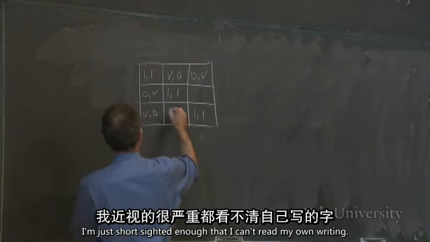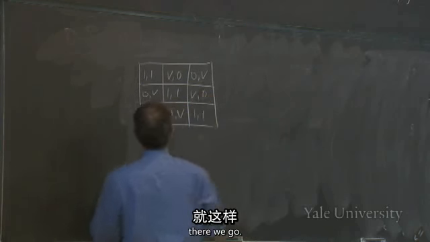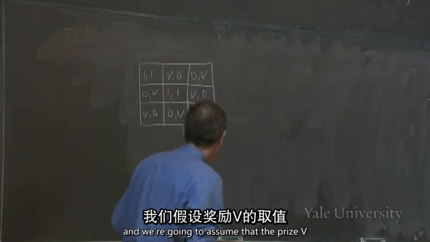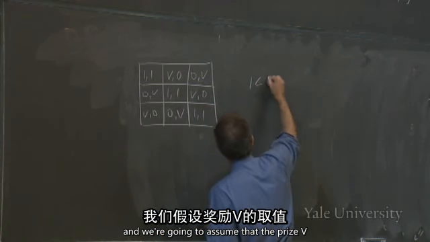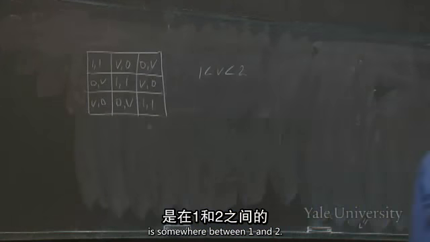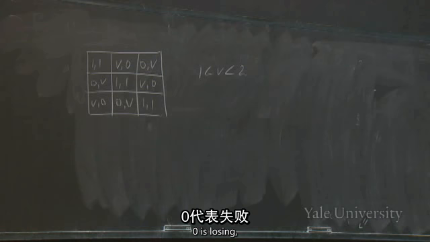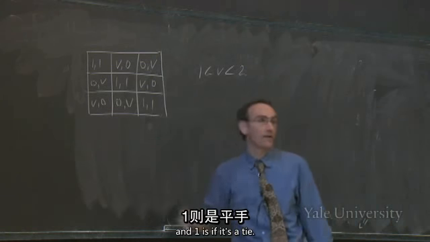I'm just short-sighted enough so I can't read my own writing, so I hope I got this right. There we go. All right. So this is the game, and we're going to assume that the prize V is somewhere between 1 and 2. Right? So V you can think of as winning, 0 is losing, and 1 is if it's a tie.